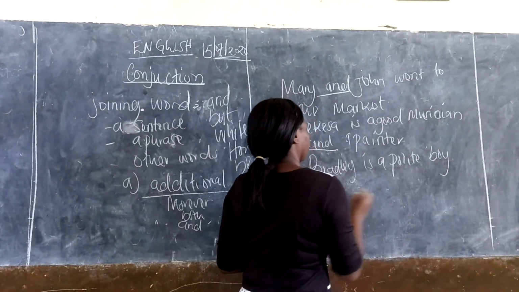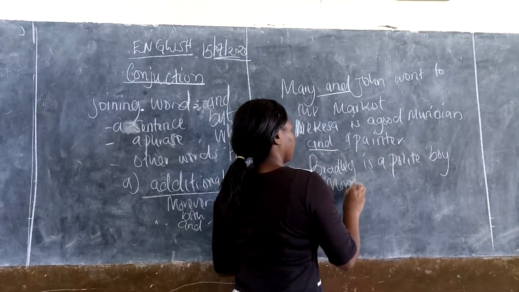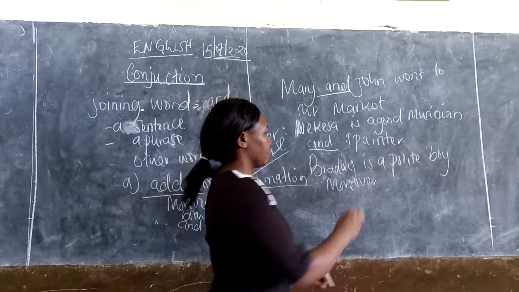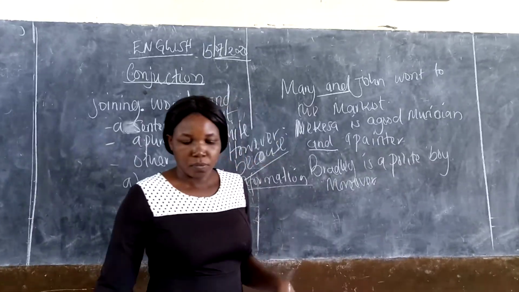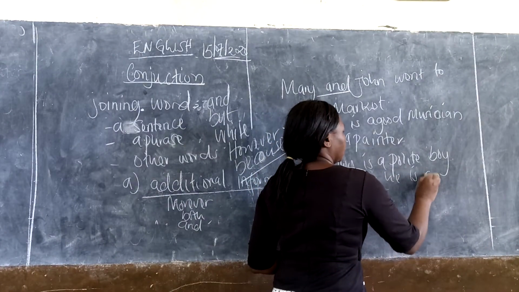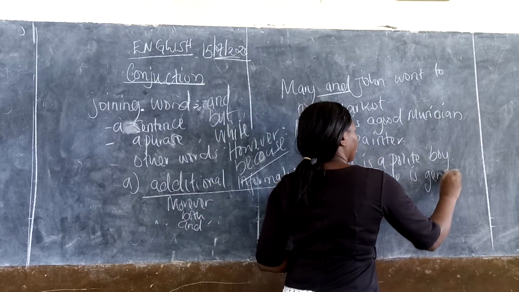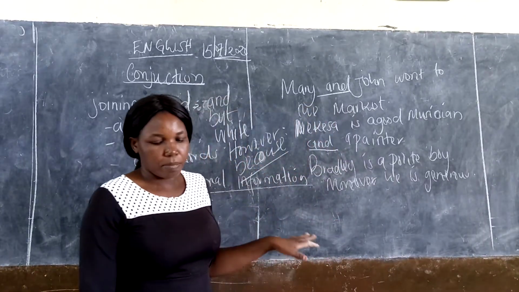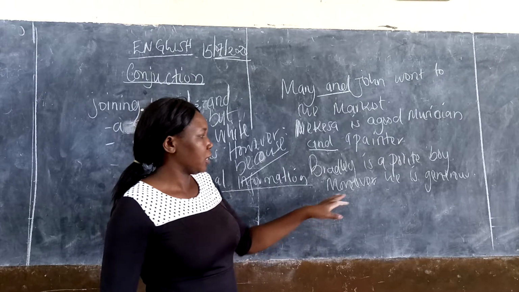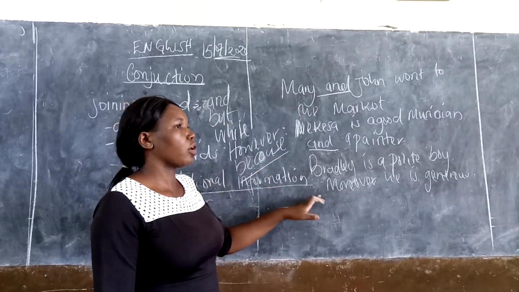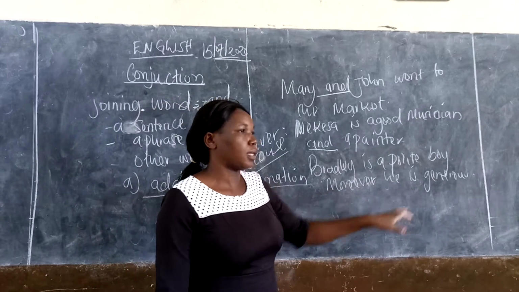Moreover, he is generous. Bradley is a polite boy. Moreover, he is generous.